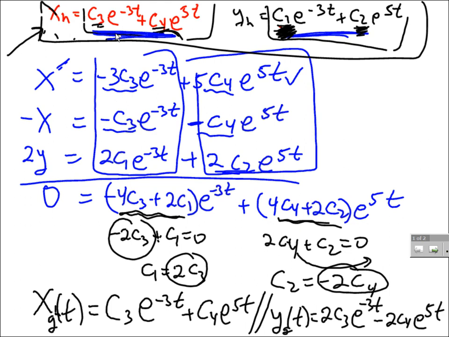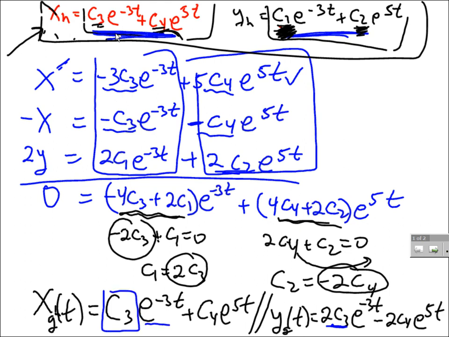Now, you have to be careful. You can say, oh, 2 times a constant, I can just call 2 times c sub 3 c sub 3. No. This constant can be anything.